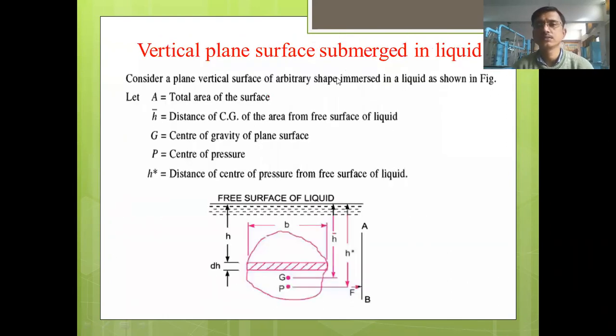Title: vertical plane surface submerged in the liquid. We have taken the derivation of this.